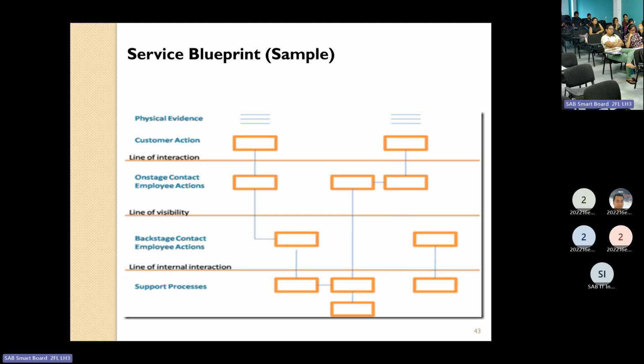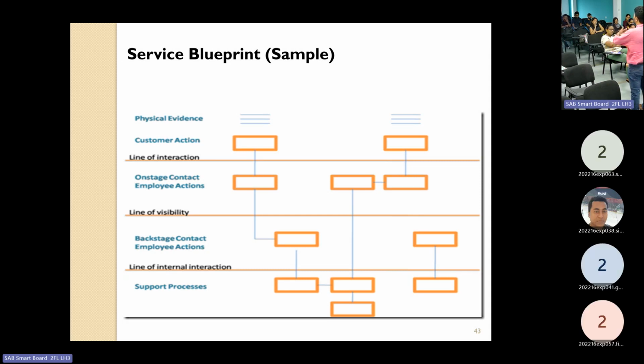Line of visibility. You know, in most services like banks, hospitals, restaurants, both customers and the service providing staff interact in the service creation and delivery process. So in this service blueprint, using this line of visibility, it demarcates the activities that customers can engage in and see, and what customers can't see.